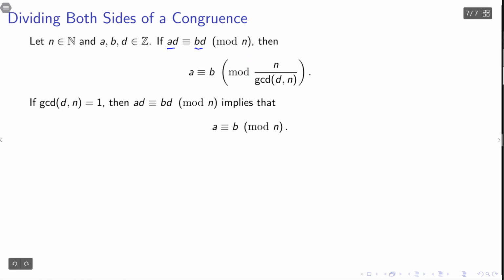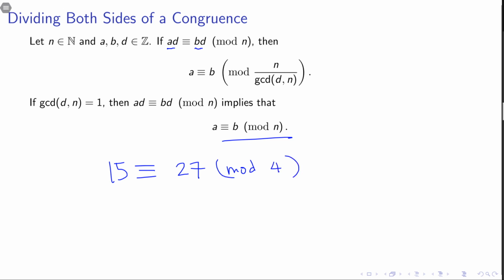Of course, if the GCD turns out to be 1, then you do get something that's still true modulo N, because you're just dividing by 1. So I'll give you an example. Let's say 15 is congruent to 27 modulo 4.